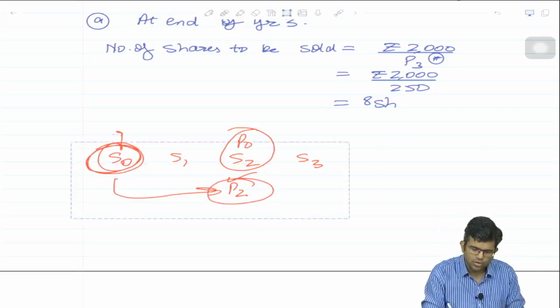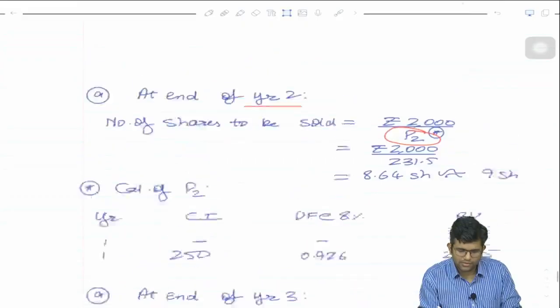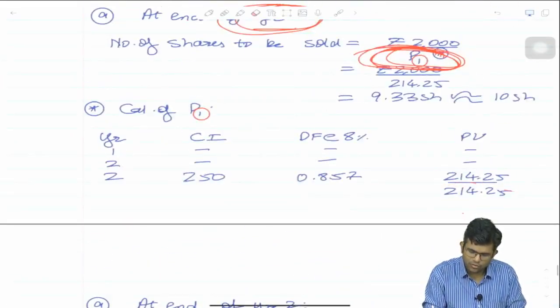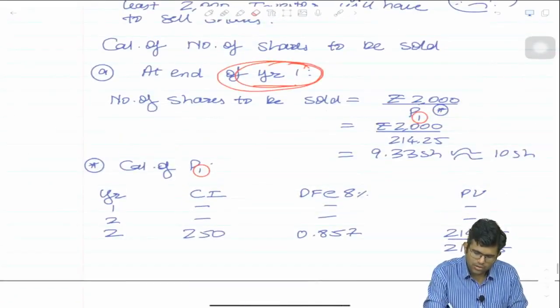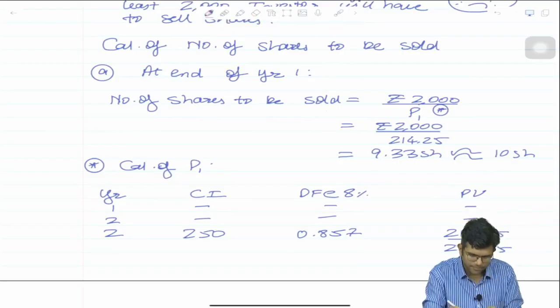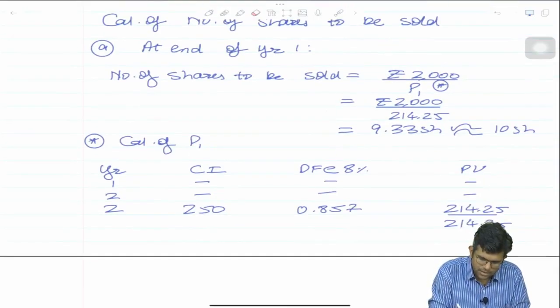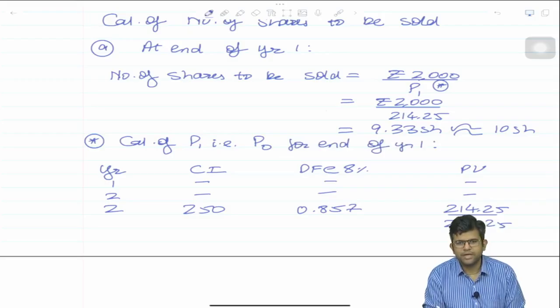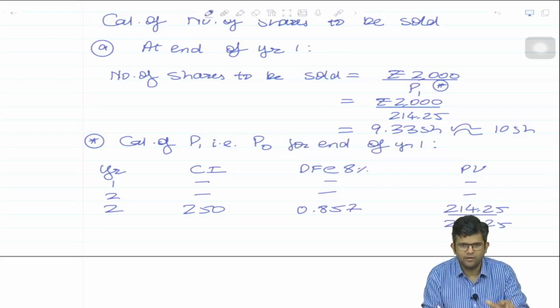So therefore, just to give you that clarity, what I will do now, I will say, calculation of P1, that is P0 for end of year 1. Are you understanding?